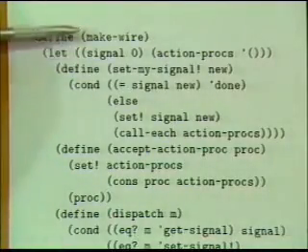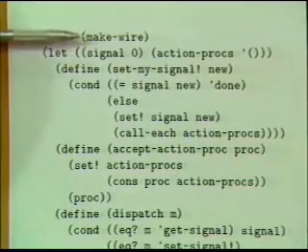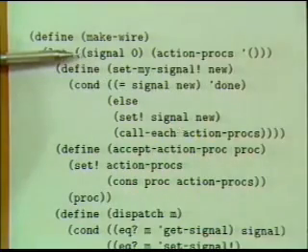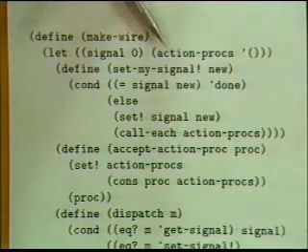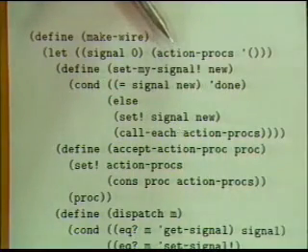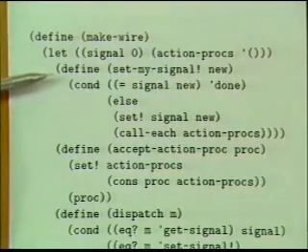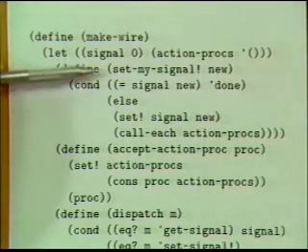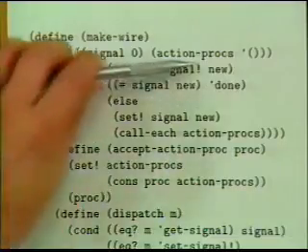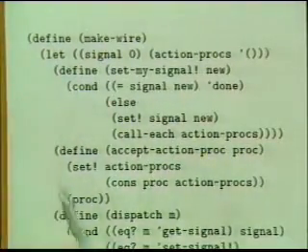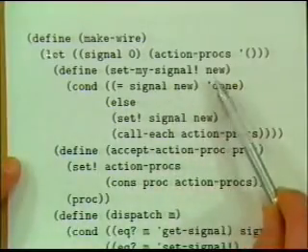In other words, when we call make wire to make a wire, then the first thing we do is we create some variables, which are the signal and the action procedures for this wire. In that context, we define various procedures. One of them is called set my signal to a new value. And what that does is takes a new value in.